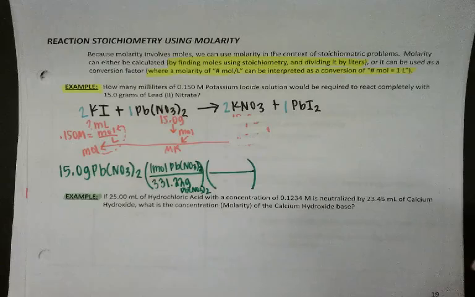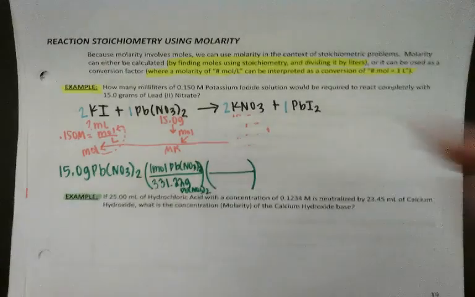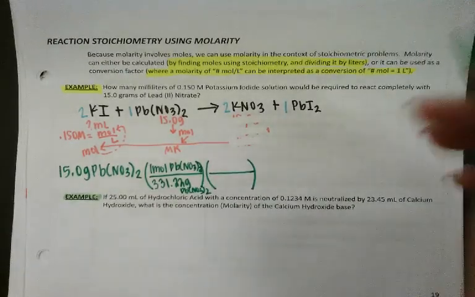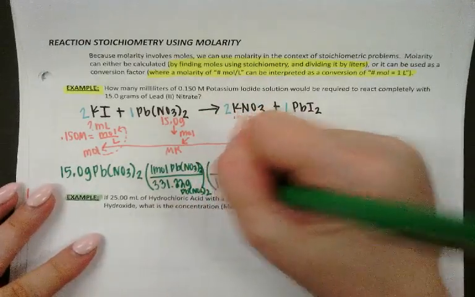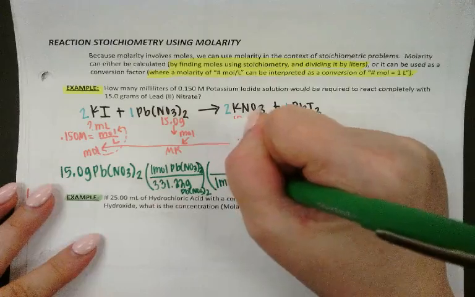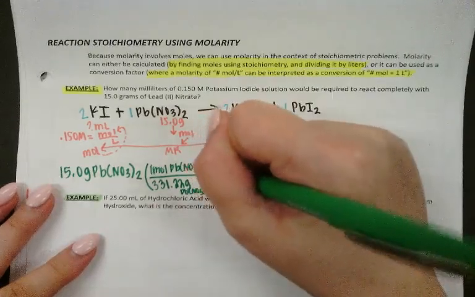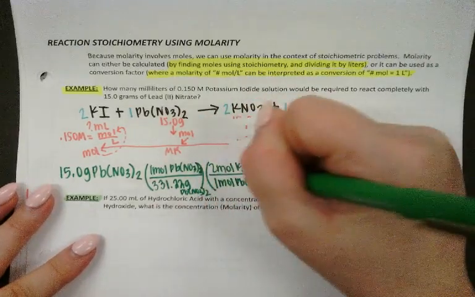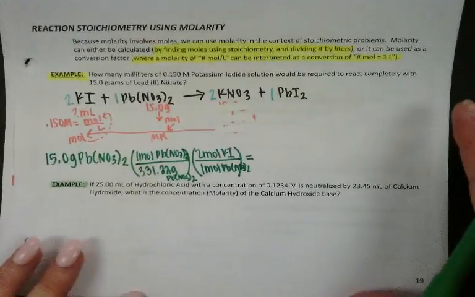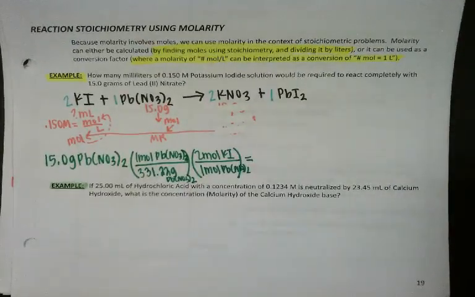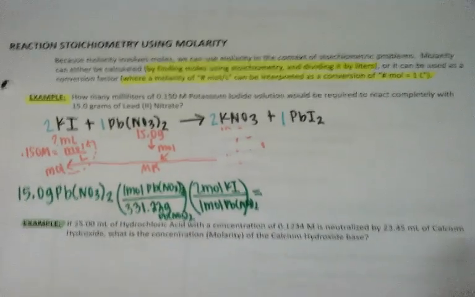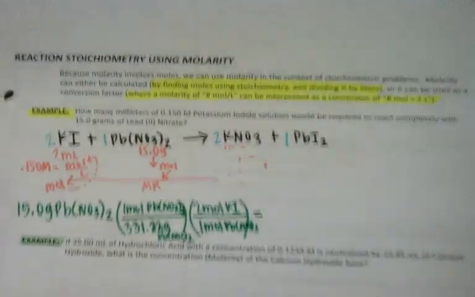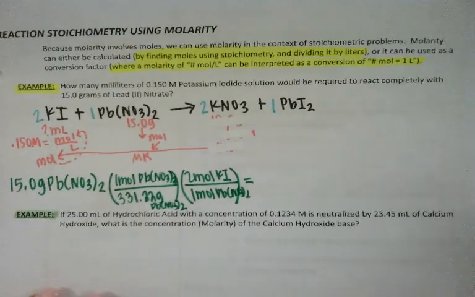My next step is my mole ratio. What is my ratio of lead 2 nitrate to potassium iodide? For every 1 mole of lead 2 nitrate, 2 moles of potassium iodide. So everybody plug that in.